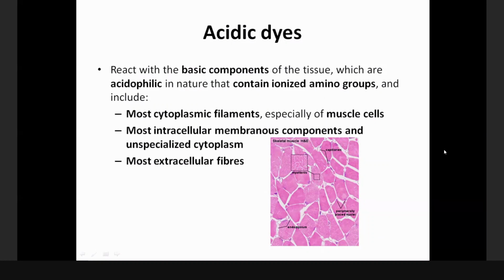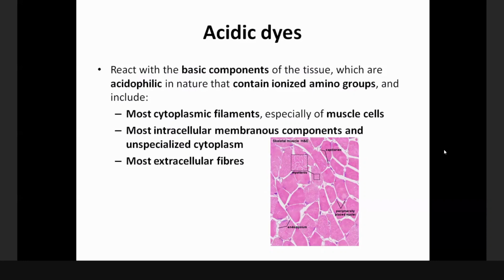Earlier we stained it with basic dye. Now the same tissue can be stained with acidic dye, meaning you stain for about 20 to 30 minutes with a basic dye, and then remove it, dip it in water. When you dip it, basic dyes which have not reacted, the excess ones, will be removed by dipping it in water.